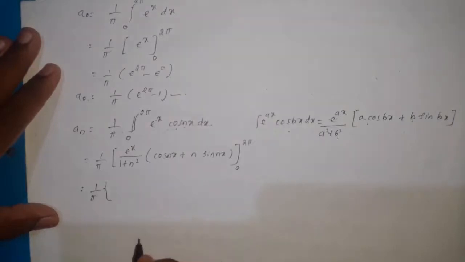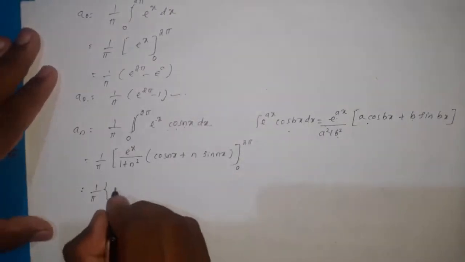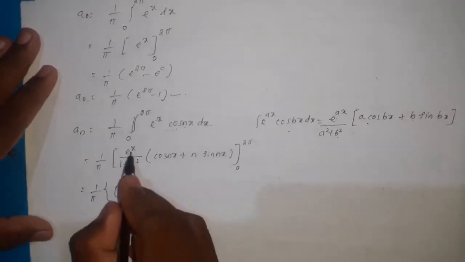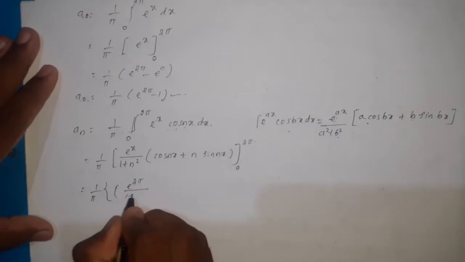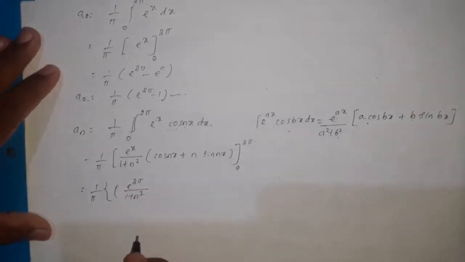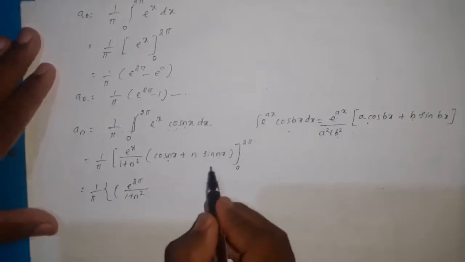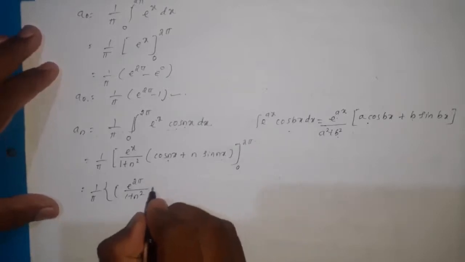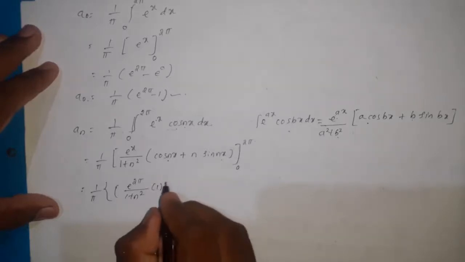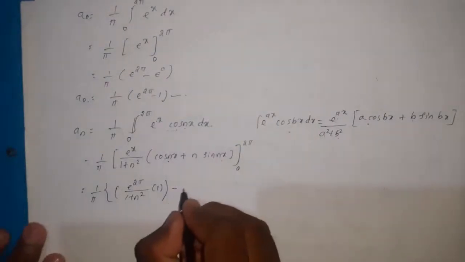Now put the upper and lower limits. This is equal to e power 2 pi divided by 1 plus n square, and we know that cos 2n pi is equal to 1 and sin 2n pi is equal to 0. So this is the value of the function at the upper limit.